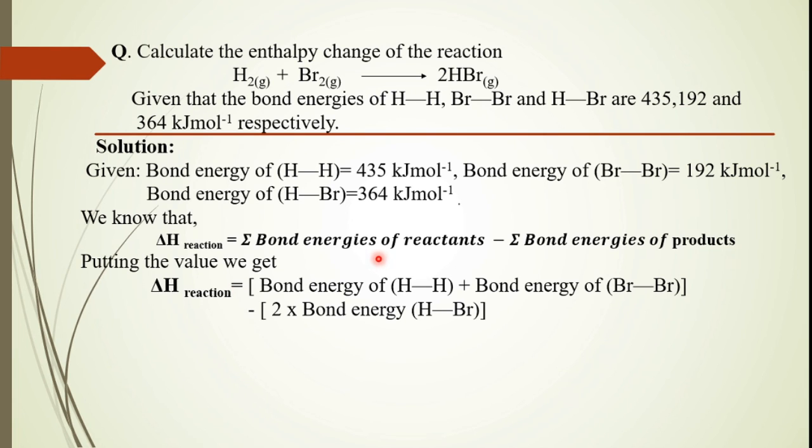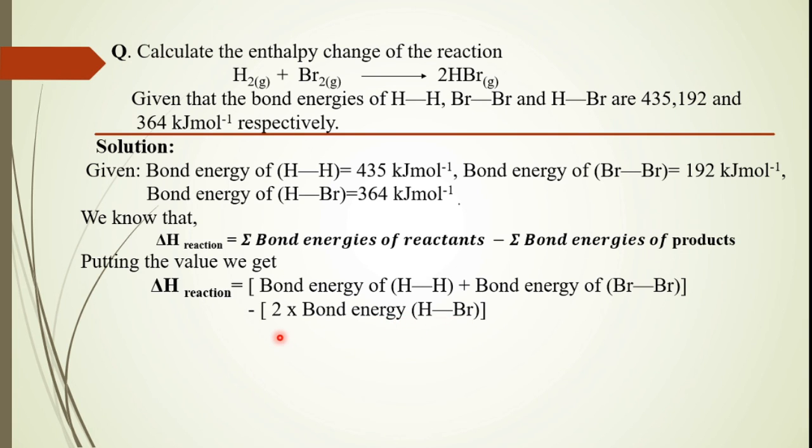Next, now putting the values. First we will see the reactant terms. In the reactants, there is one H-H bond, that is bond energy of H-H plus, why plus? Because there is a summation, bond energy of Br-Br. The bracket is complete, minus. Now on the product side, there are two H-Br bonds, so 2 into bond energy of H-Br bond.